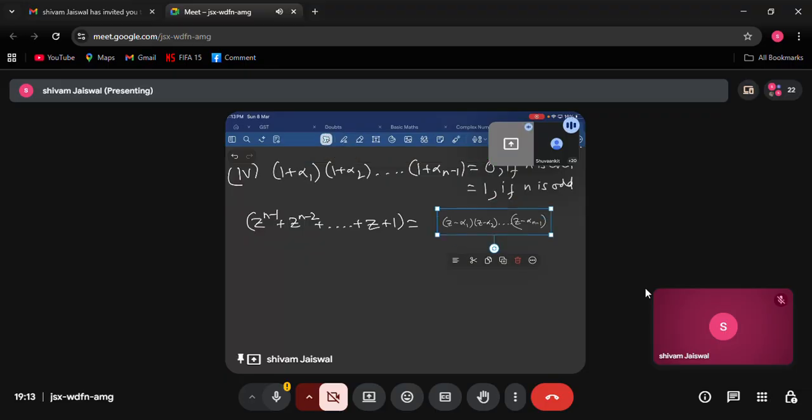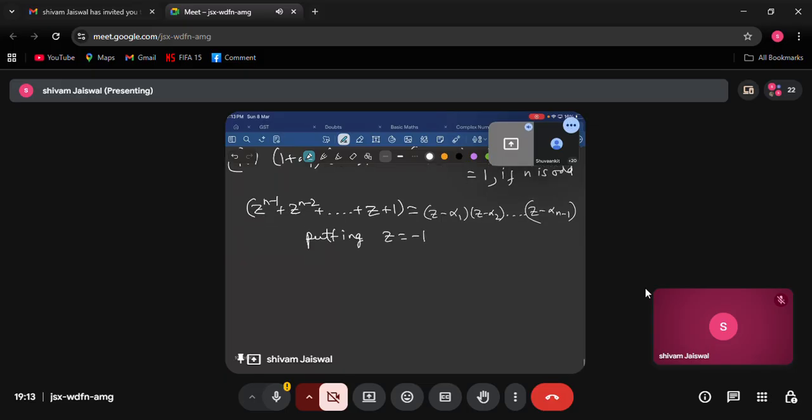Now we need to place z is equal to minus 1, yes or no? So putting z is equal to minus 1, we get (minus 1) to the power n minus 1 plus (minus 1) to the power n minus 2 plus dot dot minus 1 plus 1. This is equal to (minus 1 minus alpha 1) up to (minus 1 minus alpha n minus 1).